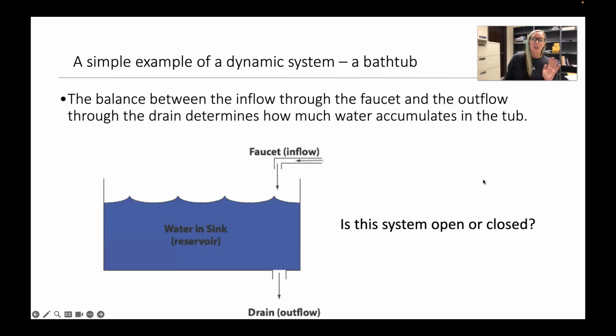So going back to this idea of a simple example of a dynamic system, that of a bathtub, right? So we have our inflow, our reservoir, and our outflow. And as long as there's a balance between the water coming in and the water leaving, then we would say that it's working just fine. This is an open system, so we're not keeping track of where the water is coming from or where the water is draining to.